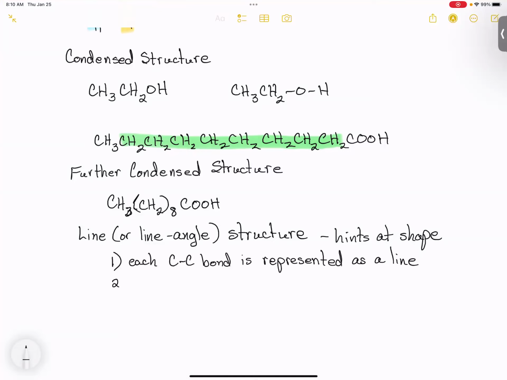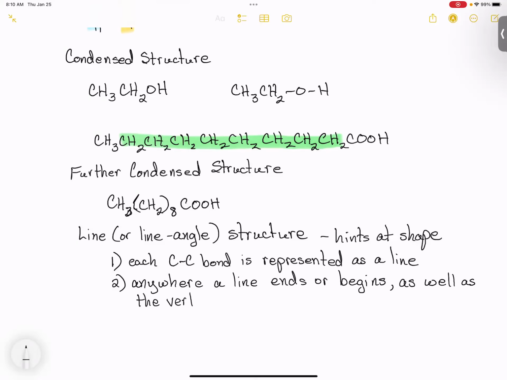The second thing you need to know is that anywhere a line ends or begins, as well as the vertex of two lines, represent a carbon.